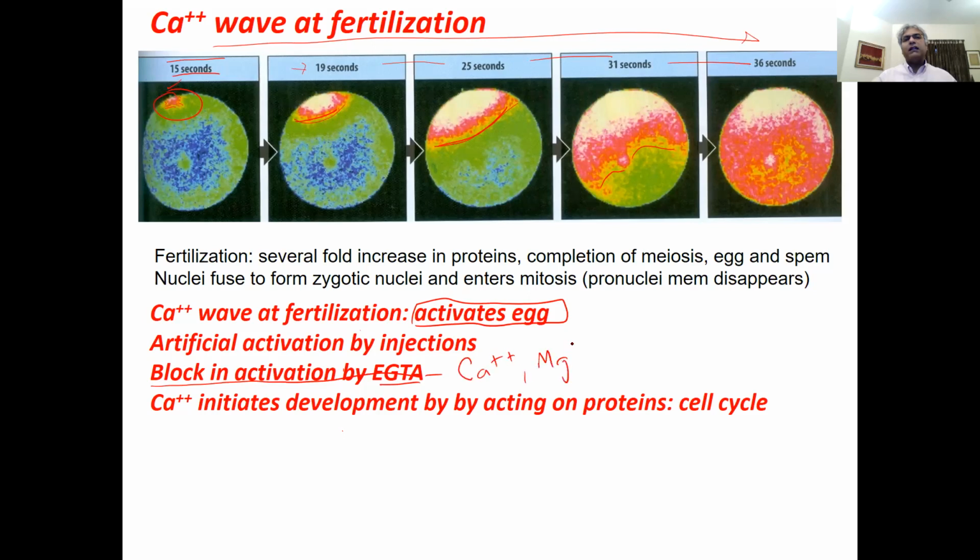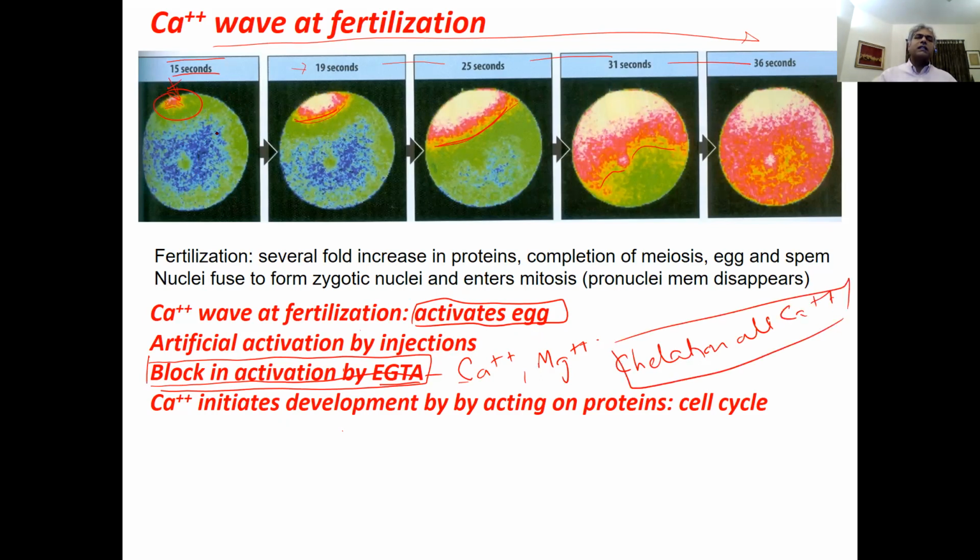They chelate divalent cations, calcium or magnesium, etc. So if you add EGTA into the oocyte and then allow sperm to enter, EGTA is going to chelate all the calcium ions, and that blocks the process of fertilization. You don't see the cell entering into cell division mode.